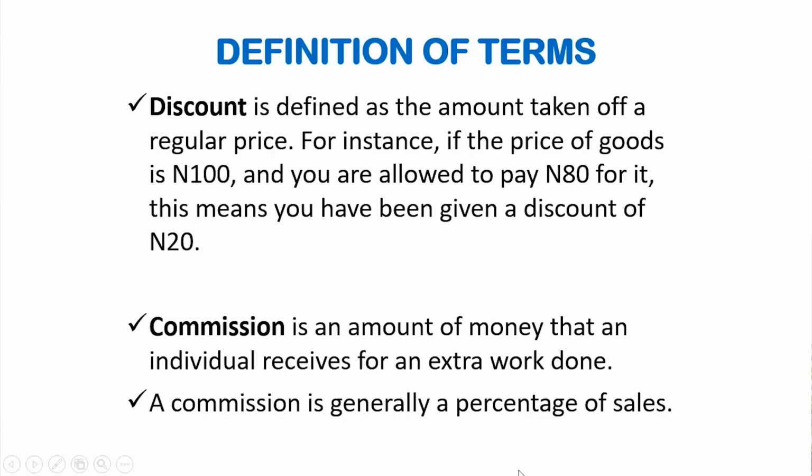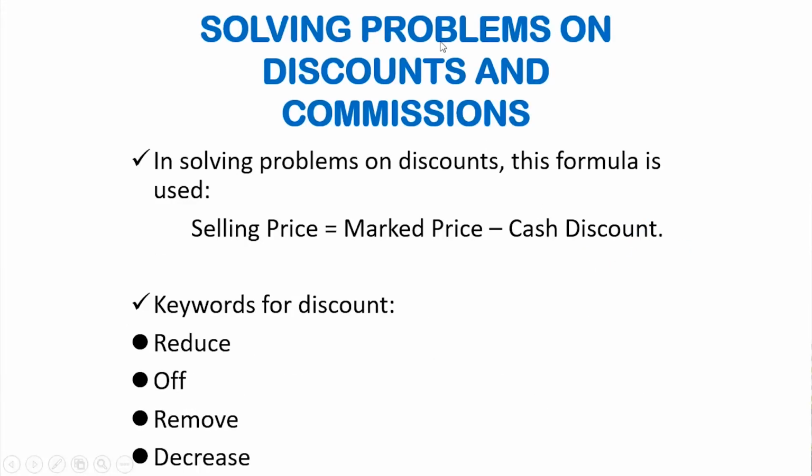So it could be the sales an individual makes for a particular product, and a particular percentage of that sales can be given to the person as commission, okay? So that is what the idea is talking about. So let's look at solving problems on discounts and commissions.